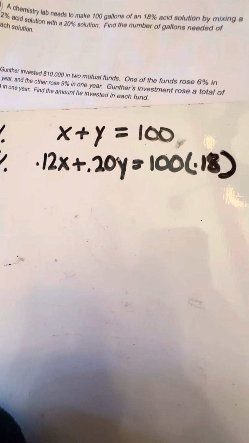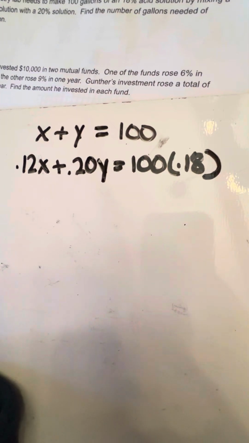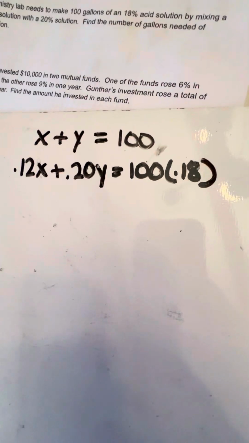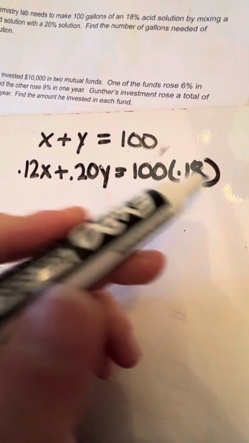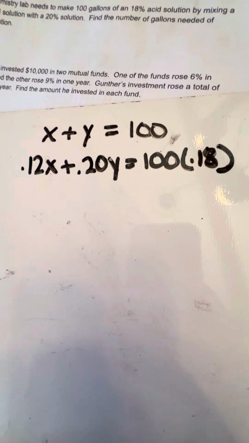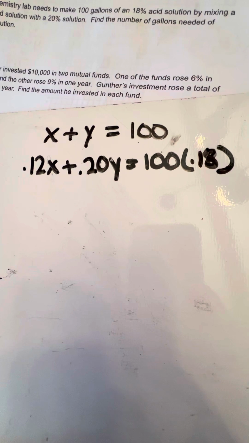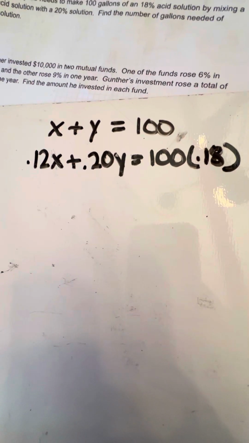This doesn't happen with a lot of these problems, but in this particular type of problem or any kind of combination problems like this, you do need to multiply whatever your total is by that percentage that you're trying to accomplish. So now when we're doing this, we're going to look at what's the best method here. Again, you can do any method you want.